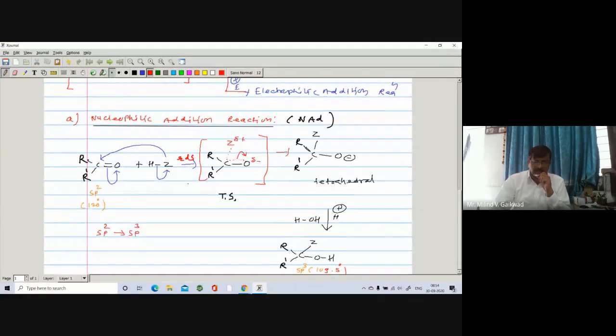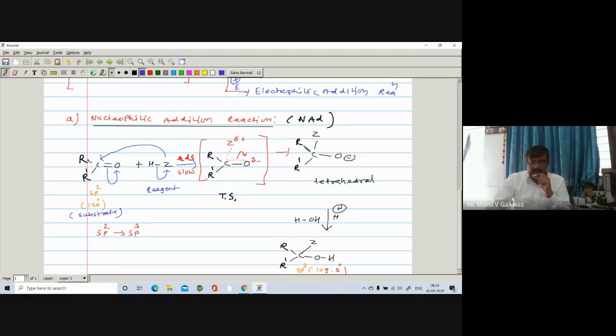In the slow step, the two species, the substrate, the carbonyl compound, and the reagent, are both involved in the reaction. So the rate of reaction depends upon the concentration of the substrate and the reagent.